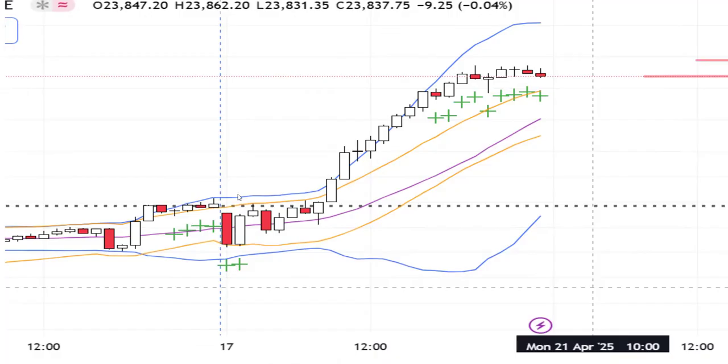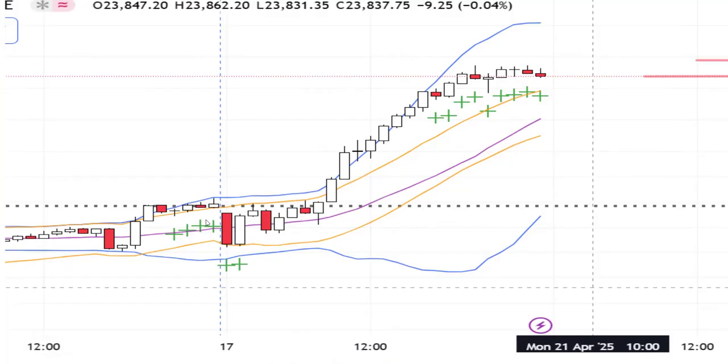This indicator gives you Keltner channel with the median line. The violet line is the median line, 20 period average, and the yellow lines are the Keltner channel. And the blue lines are the Bollinger Band.